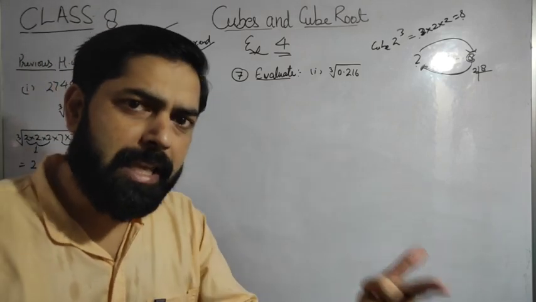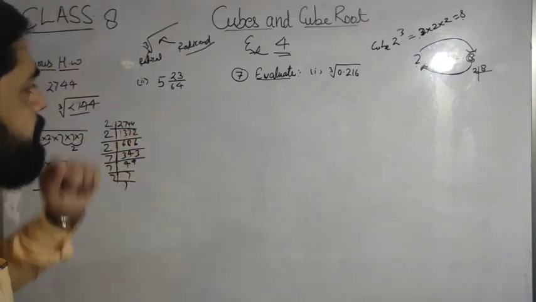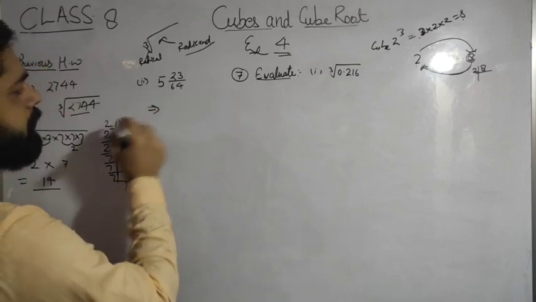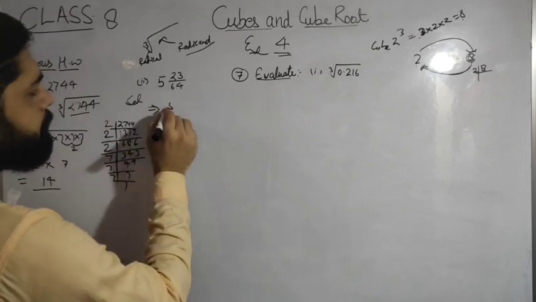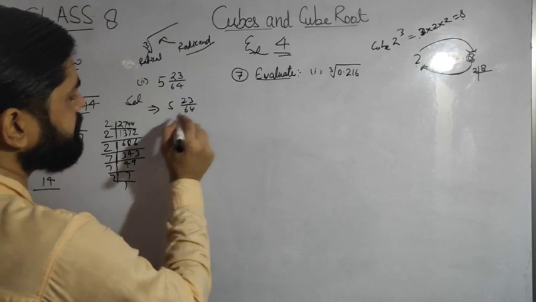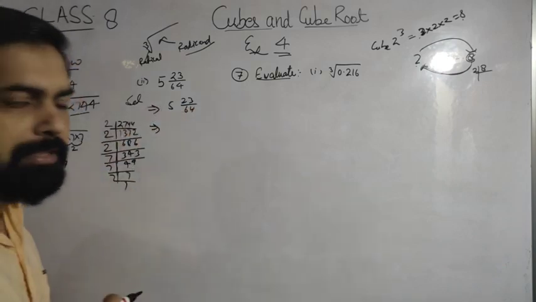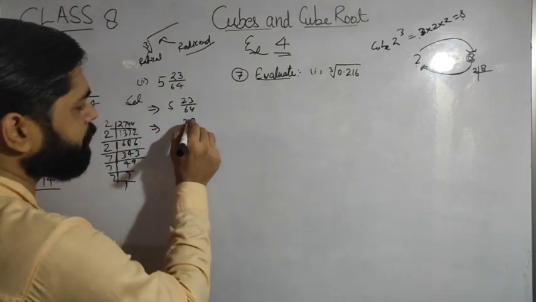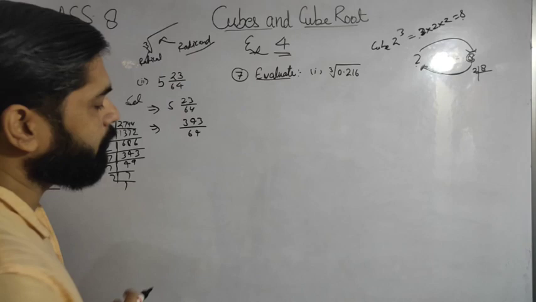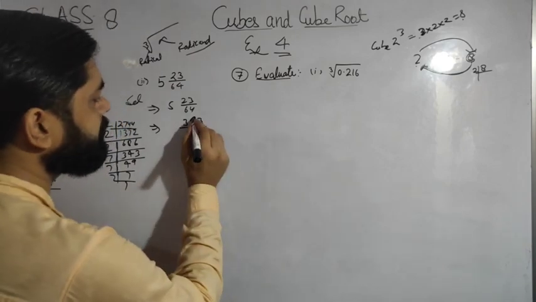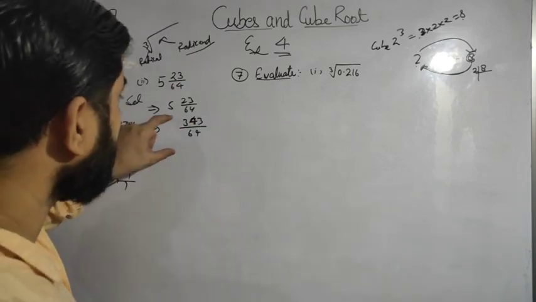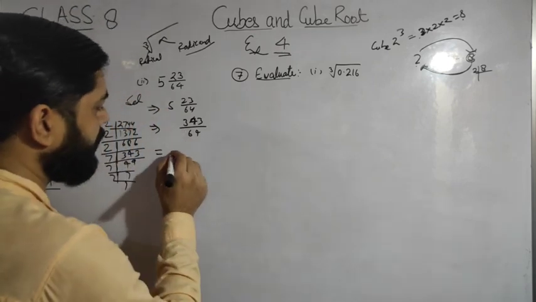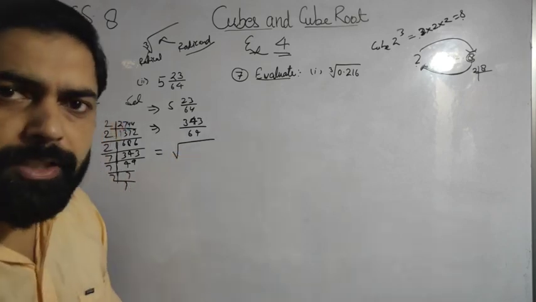First we write it as an improper fraction. 64 multiplied by 5, then plus 23, so 5 multiplied by 64 gives 320, then 320 plus 23, we get 343 upon 64. Okay, 343 upon 64.